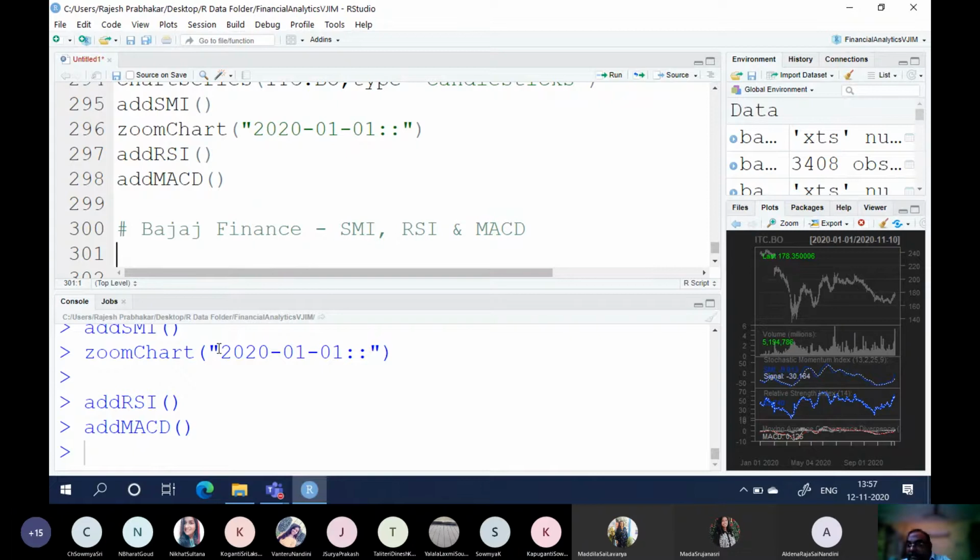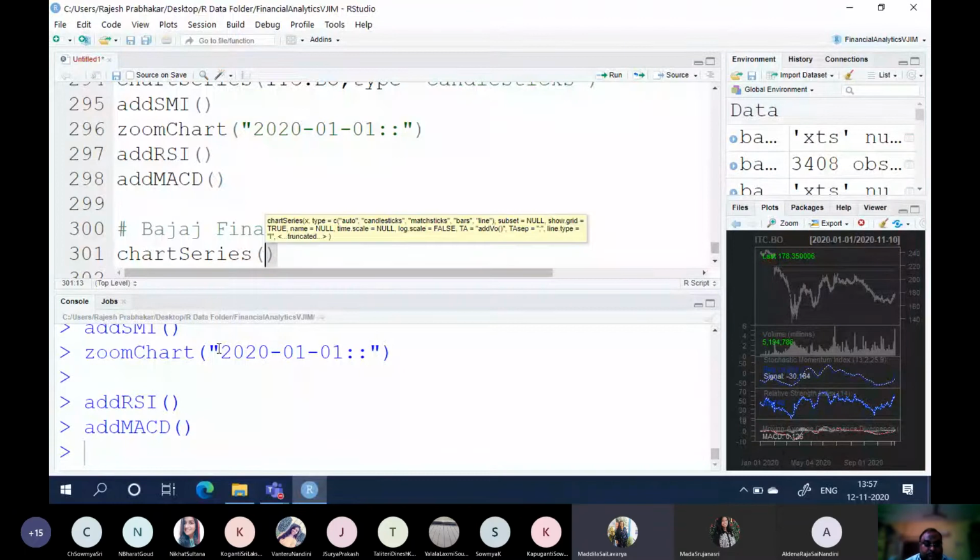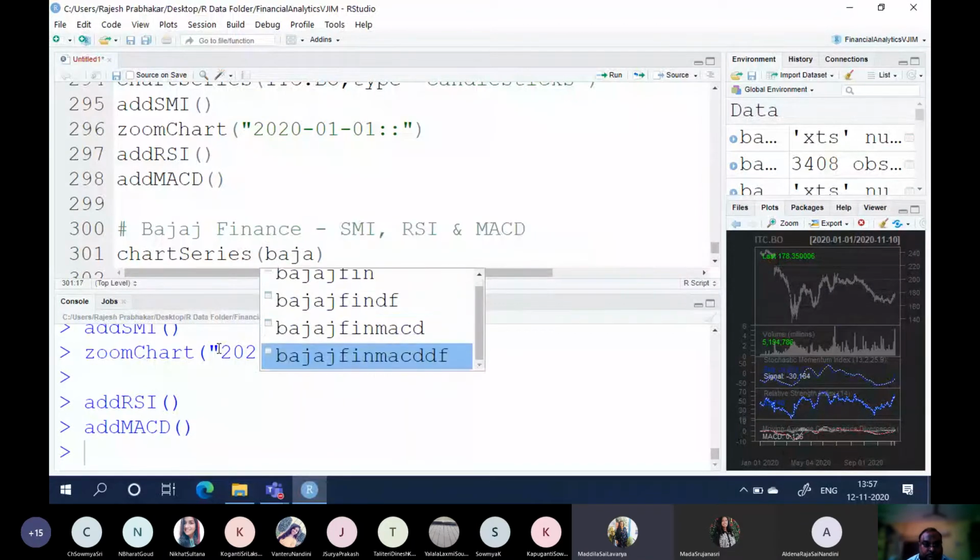So yeah, anybody is done? Sir, buy situation, sir. It is indicating buy. Yes, sir, by seeing the SMI line is above the signal line, sir.